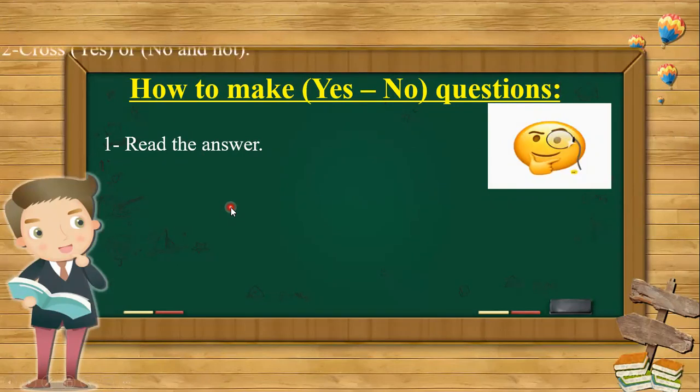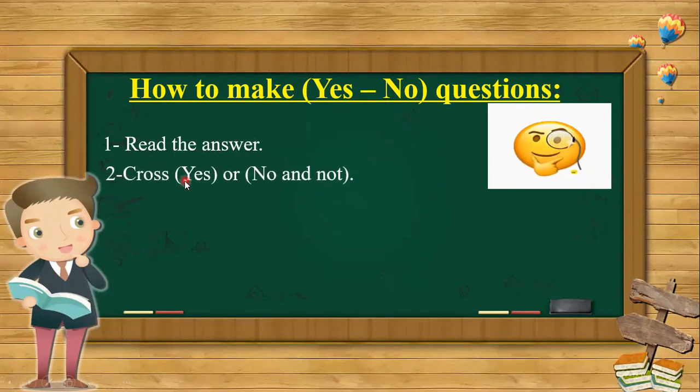Number two, cross yes or no and not. I will cross yes or no and its friend. Who is the friend of no? Not. If the case is yes, I will just cross yes.